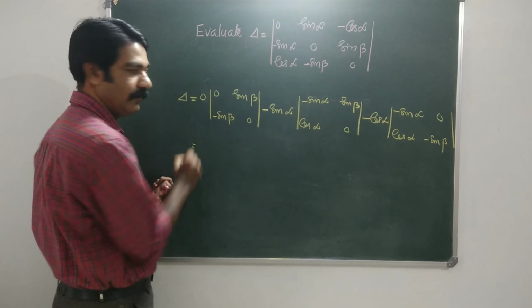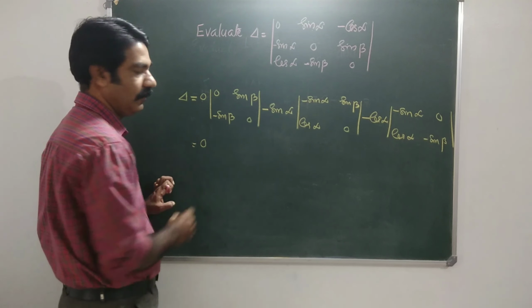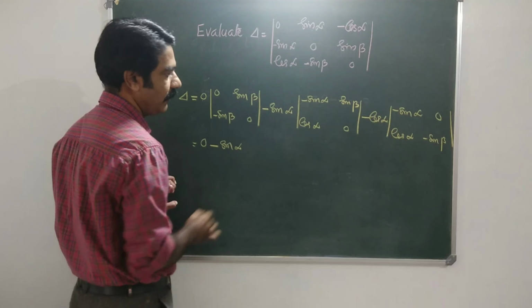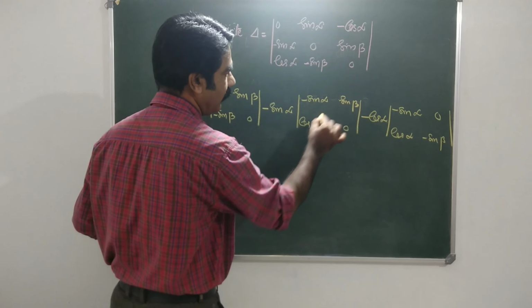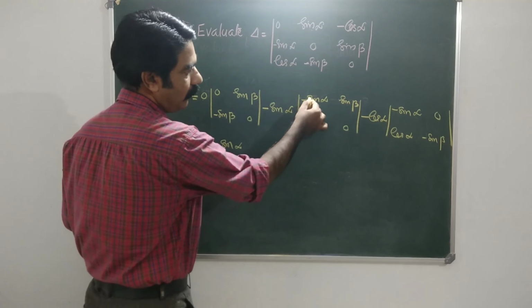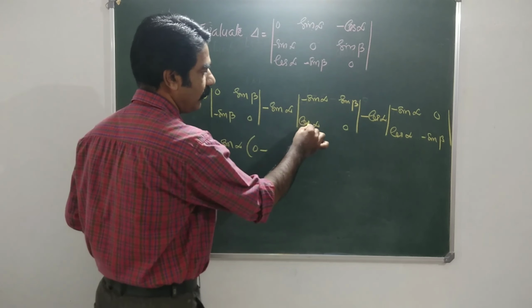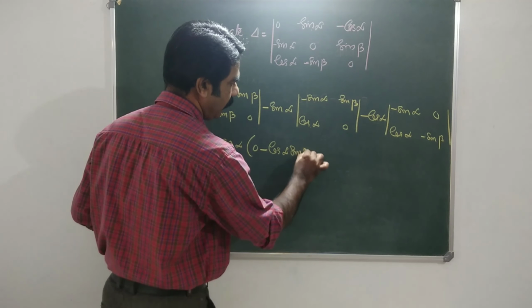That's equal to: here 0 into this becomes 0, the whole thing becomes 0, minus sin alpha into the determinant minus sin alpha, sin beta, cos alpha, 0. Cross multiply: this into this becomes 0 minus cos alpha into sin beta, which is cos alpha sin beta.